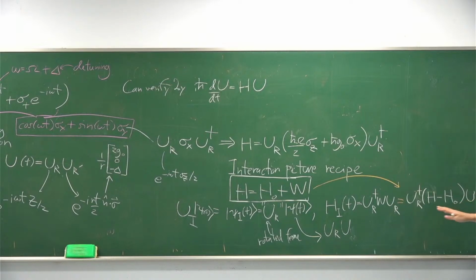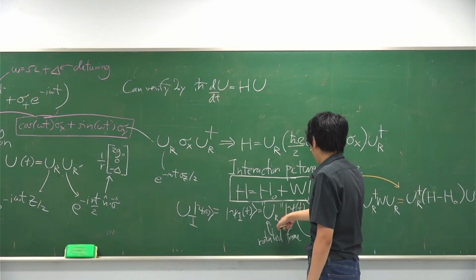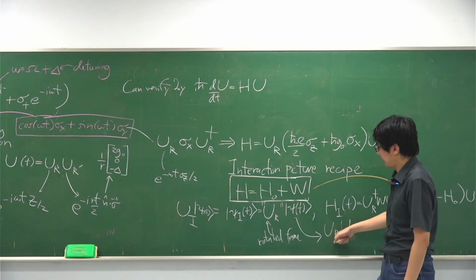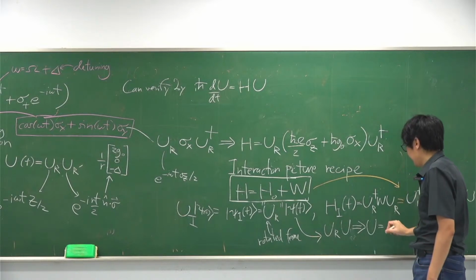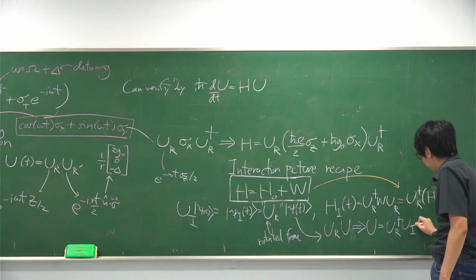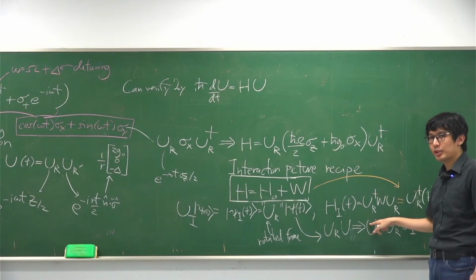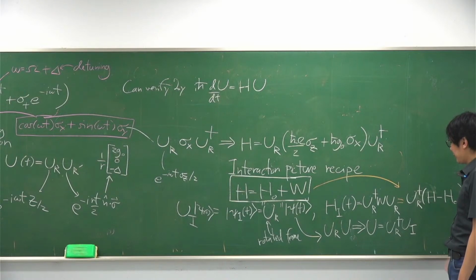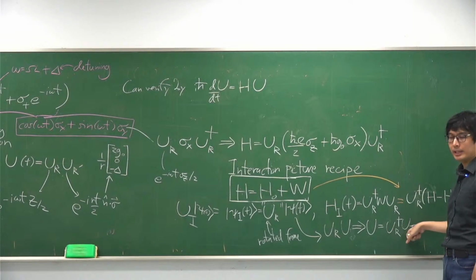Okay, let's summarize the logic here. By choosing this U_R, you automatically get this product form. You can decompose the usual evolution in the Schrodinger picture into these two parts, which means that to explicitly write this down, I have to know two of these.